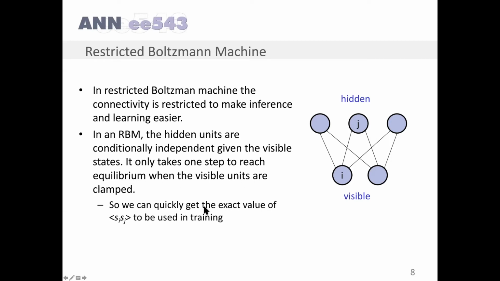So we can quickly get the exact value of Si multiplied by Sj, the output of neuron I multiplied by the output of neuron J, and we are looking at the expected value of the multiplication of this pair. And this is going to be used in training.